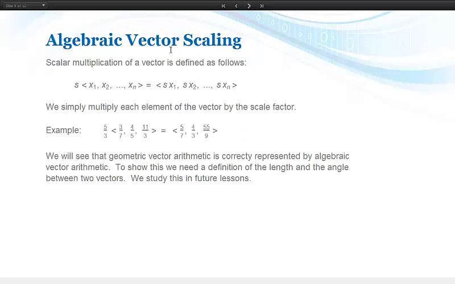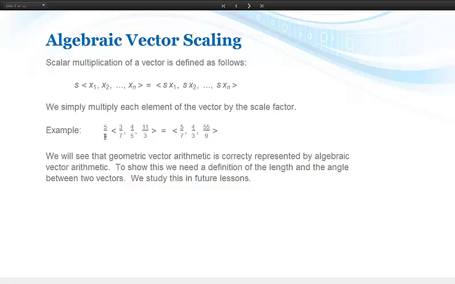We can scale a vector algebraically simply by multiplying each element, each coordinate in the vector, by the scale factor. So if I multiply s times the vector with coordinates x1, x2 up to xn, the resulting vector is s times x1 for the first element, s times x2 for the second element, etc. Here's an example.